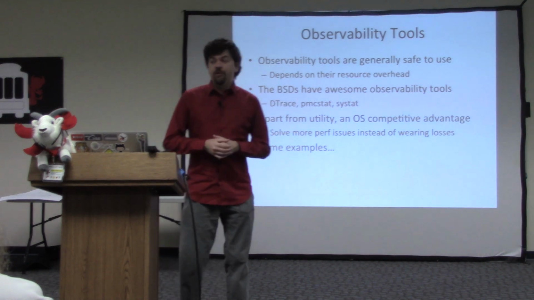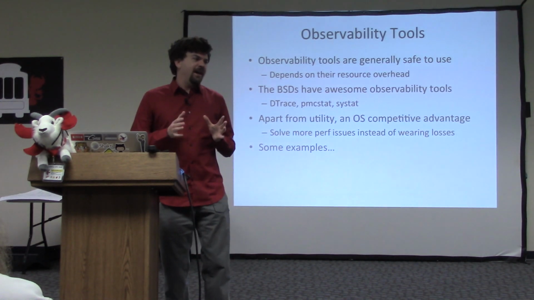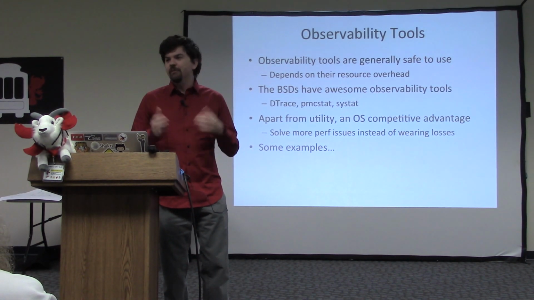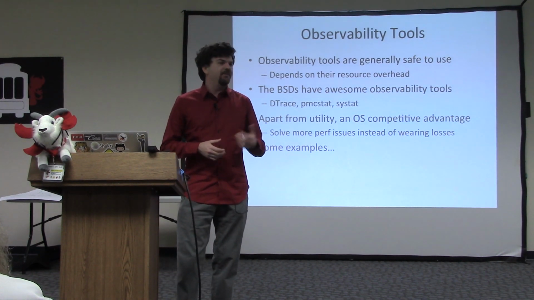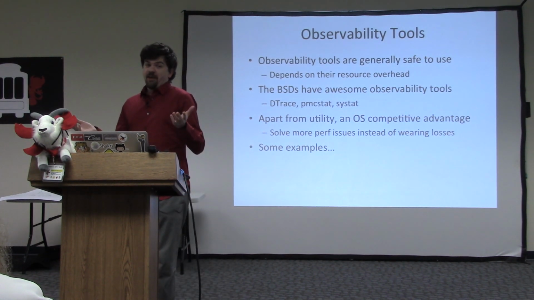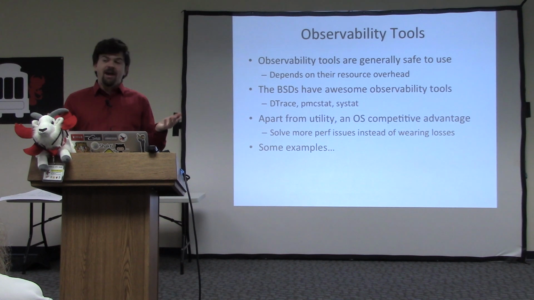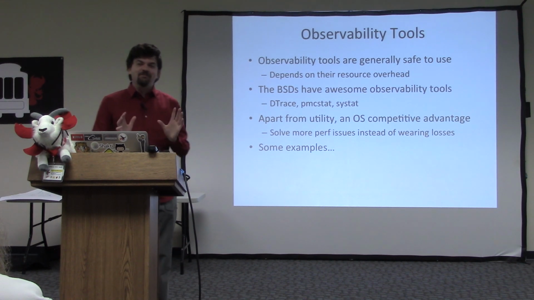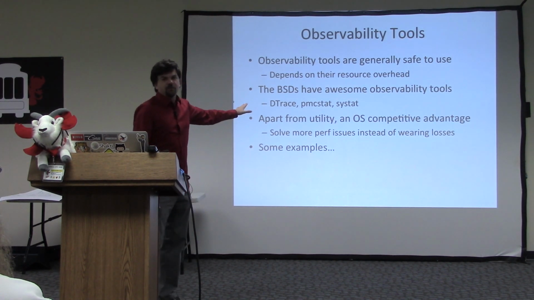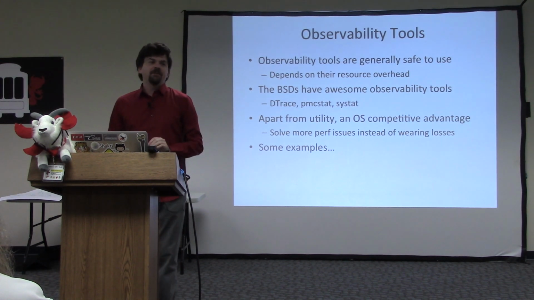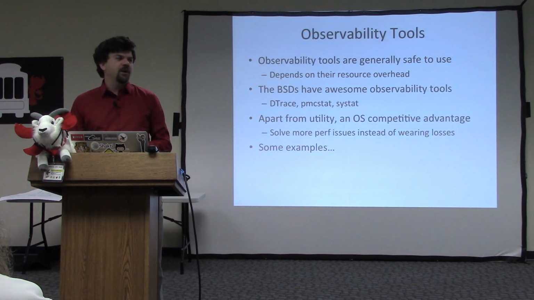What I care more about is, can I identify and solve the really dumb problems that we generally have? Those are the ones that give you the 2x wins and the 5x wins. As soon as you have the first 5x win, because you happen to have DTrace or pmcstat, the 5% puts things in a different perspective. So having really good observability tools trumps the few percentages you get out of the box.